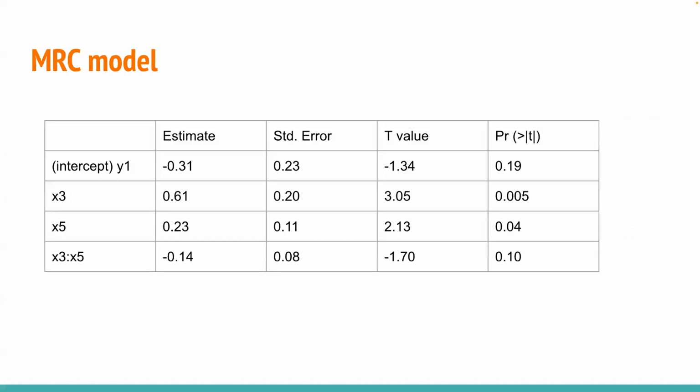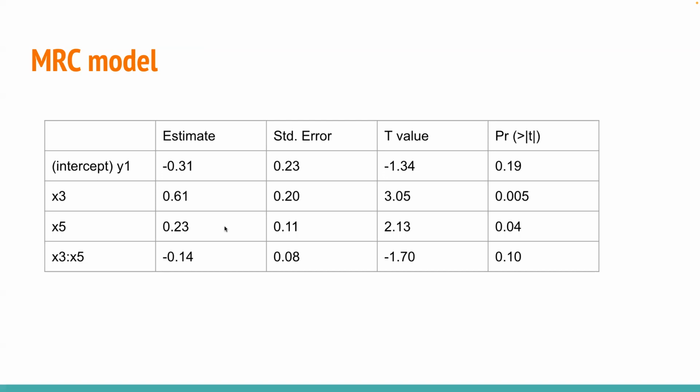So starting with the MRC model, after a couple of test runs, I decided to go for X3 and X5 as my predictors. I also used the interaction between the two to run my analysis. Our critical p-value is a classic, 0.05. Both X3 and X5 are significantly different from 0, which means that the mean for X3 and X5 is not 0.